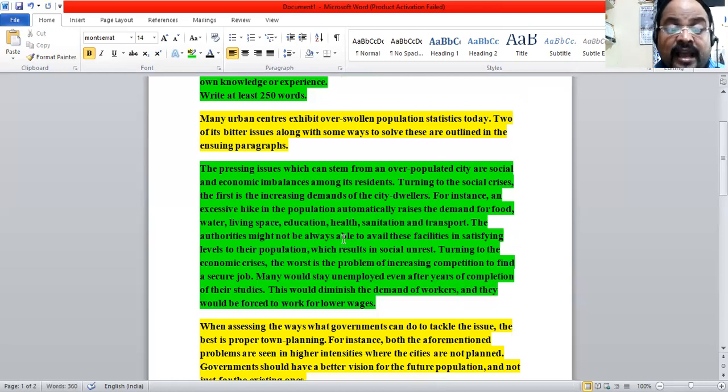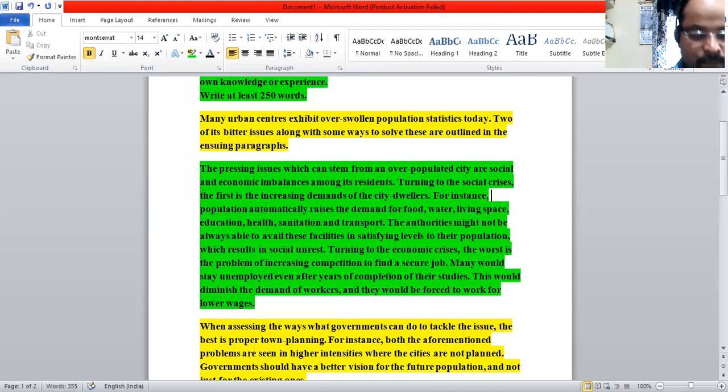For instance, an excessive hike in the population, overpopulation, automatically raises the demand for food, water, living space, education, health, sanitation, and transport.